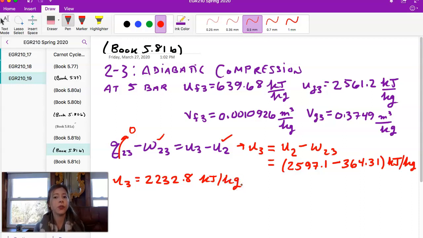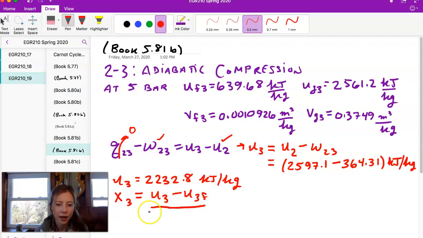So now that we know U3, we can go ahead and solve for our quality, and then we can find out a little more information here. So our quality X3 is going to be U3 minus U3F divided by U3G minus U3F.